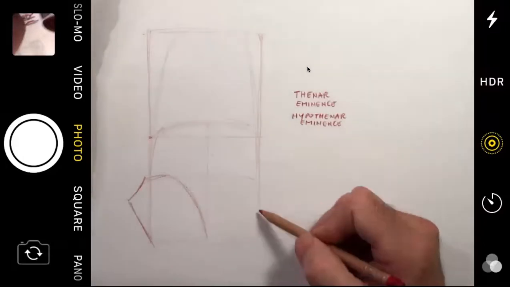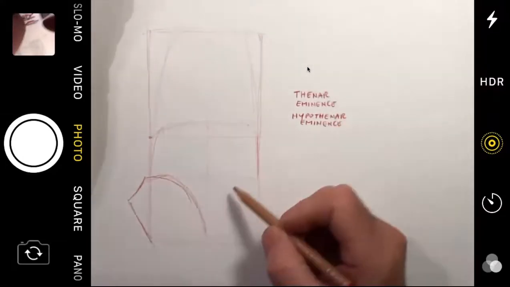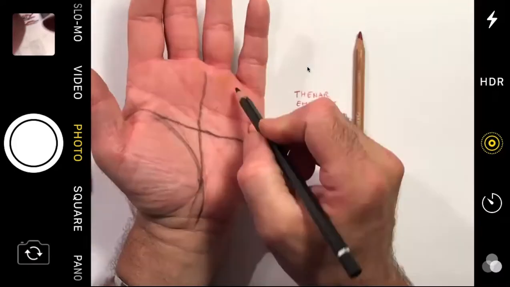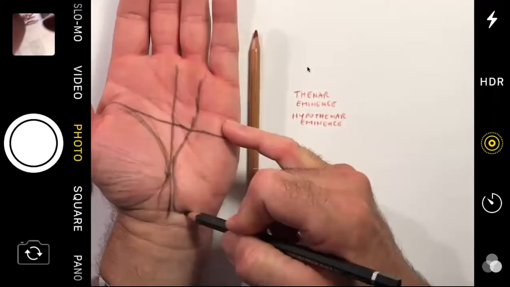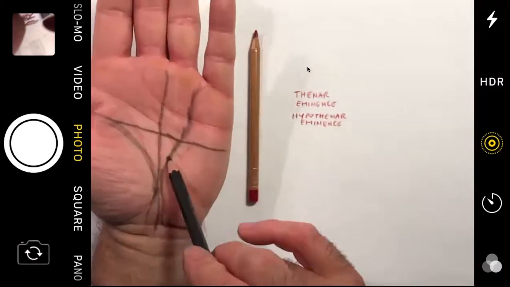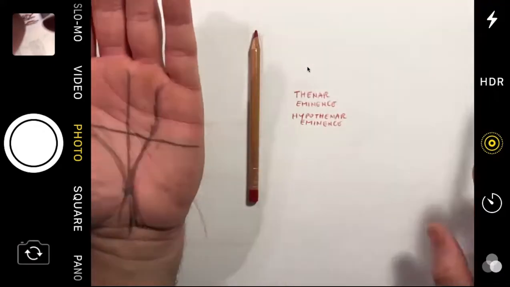And I have now on this side, so this is the thenar eminence. The hypothenar eminence starts basically at the base of the pinky here, and it comes out like this. It widens out at this level here, and occupies, at the widest, the lower quadrant in here. So that's easy, right?